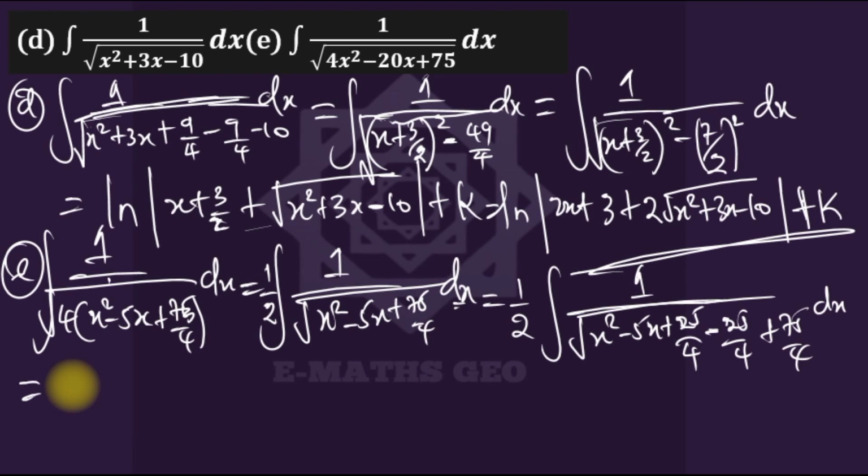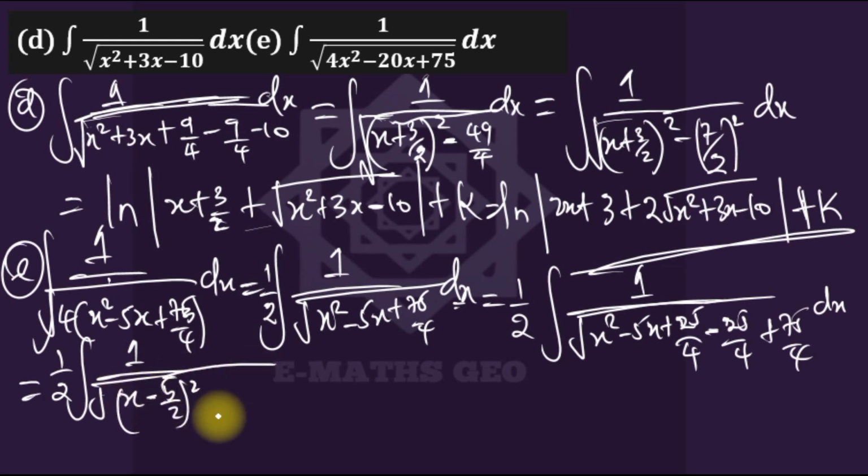So which is now 1 over 2 the integral of 1 divided by the square root of, this is now a perfect square, which is x minus 5 over 2 all squared, plus 50 over 4 dx.